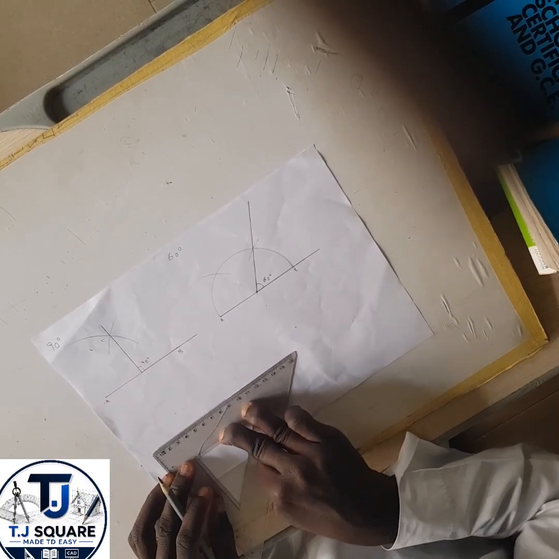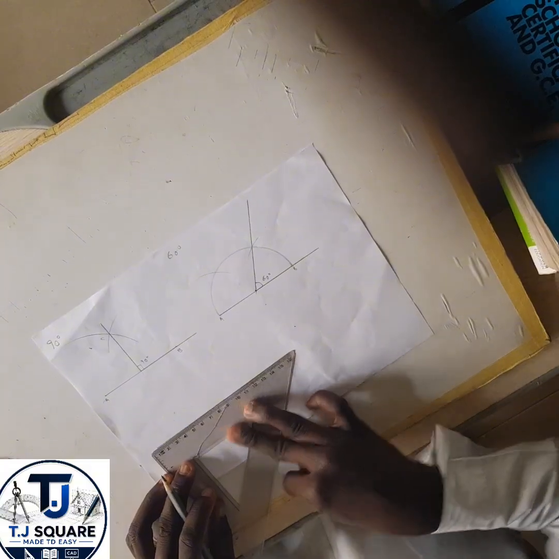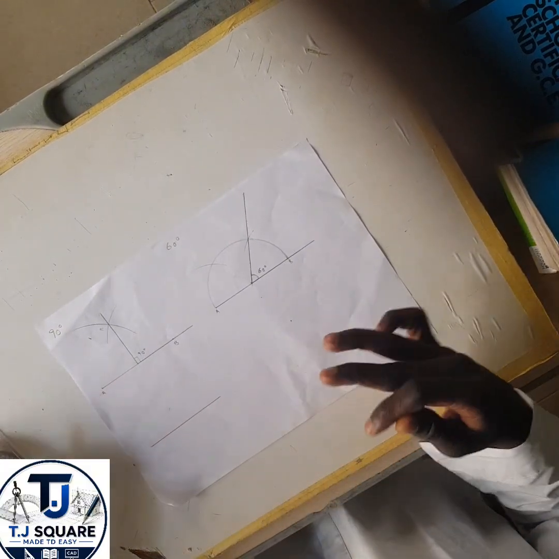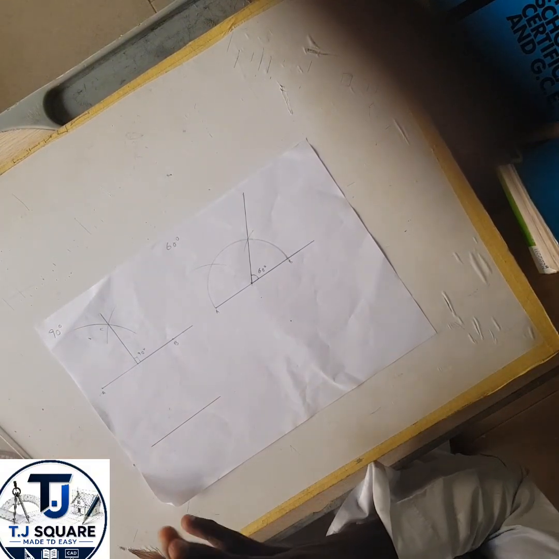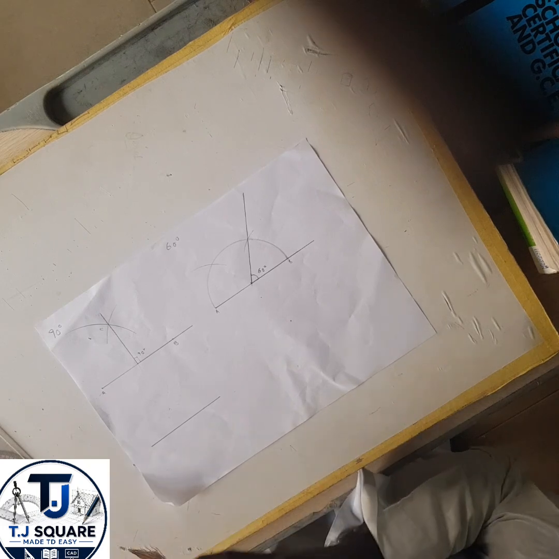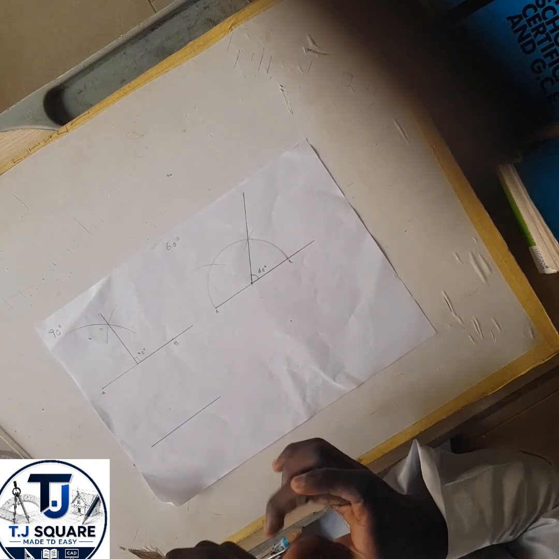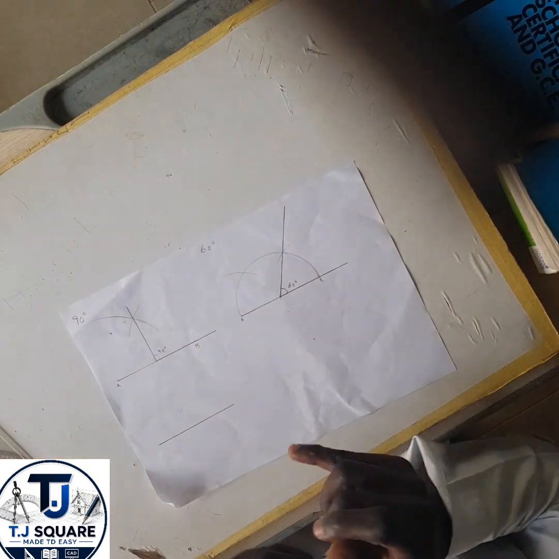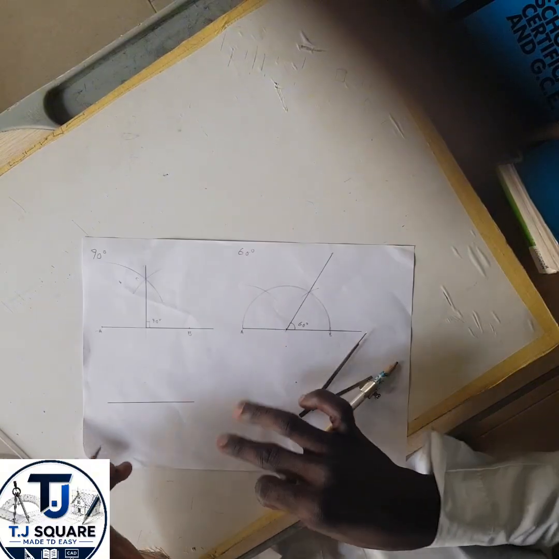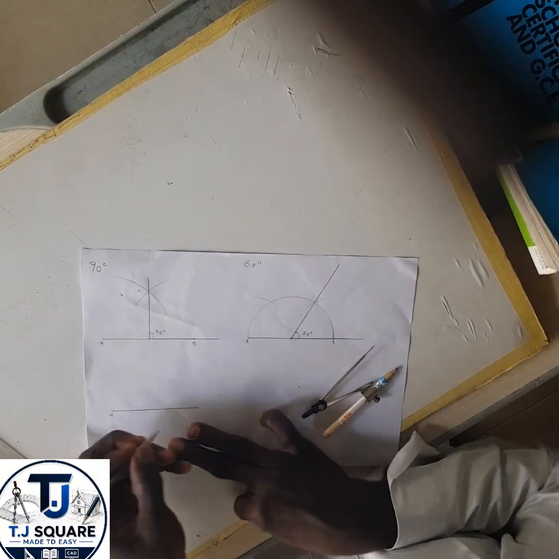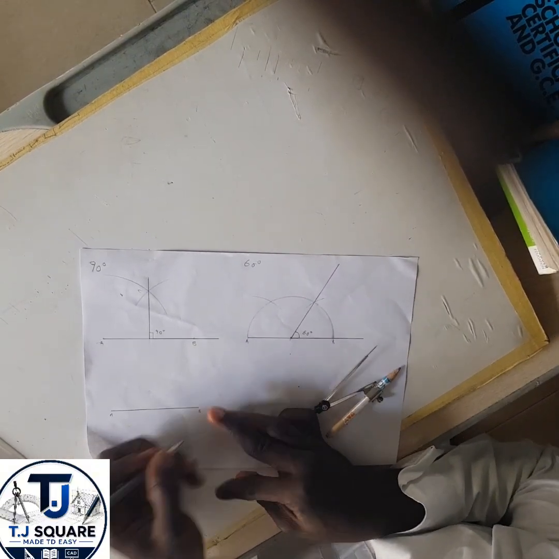So do the same 80. So you constructing angle 45, the first thing you do is to construct angle 90. Step by step. Don't forget to label A, B.